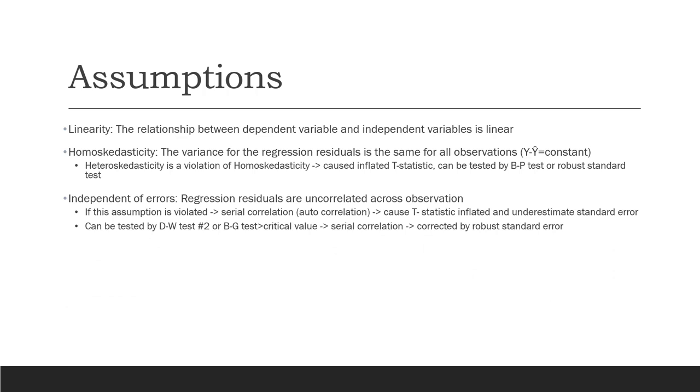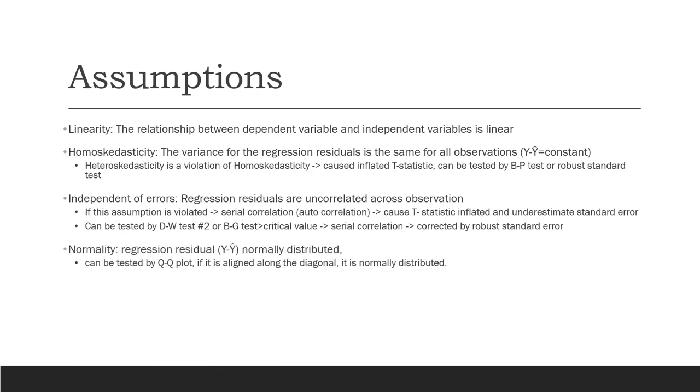The third assumption is independence of errors, which states that the regression residuals are uncorrelated across the observations. If this assumption is violated, it causes serial correlation, and you can test it by using the DW test or BG test. This also causes the t-statistic to be inflated and underestimates the standard error, which also makes the model seem better than it actually is.